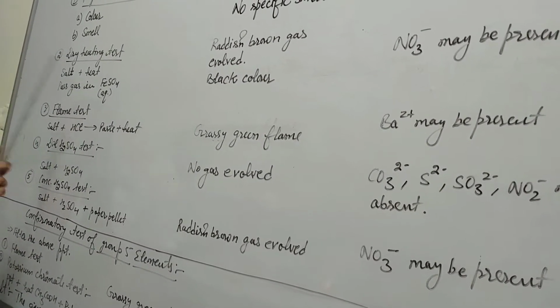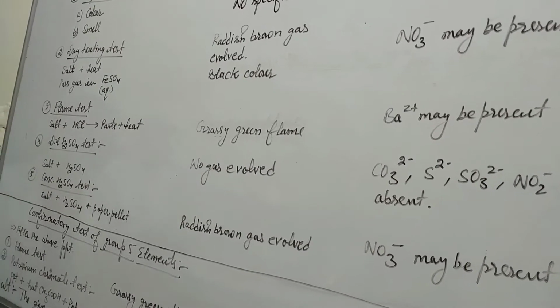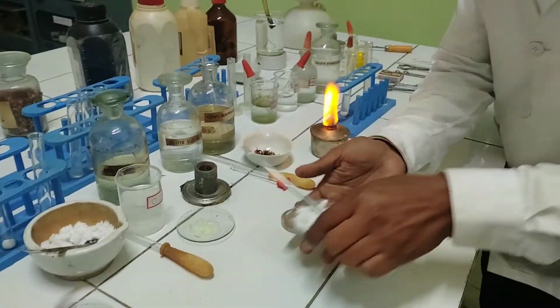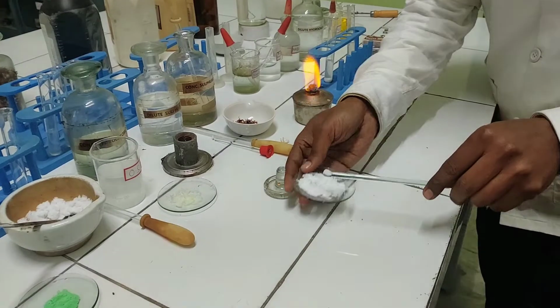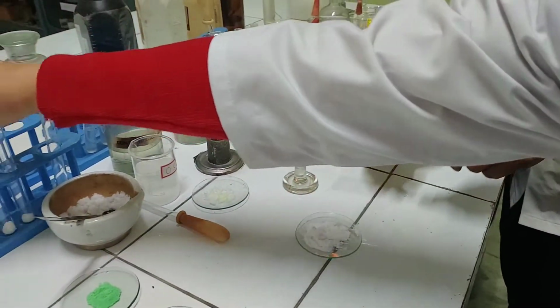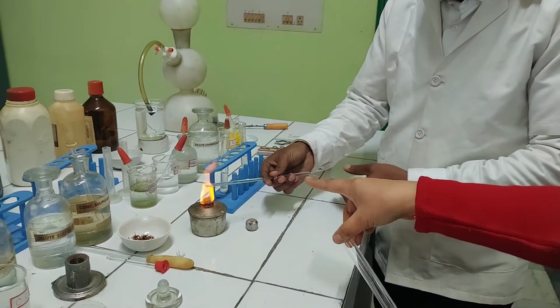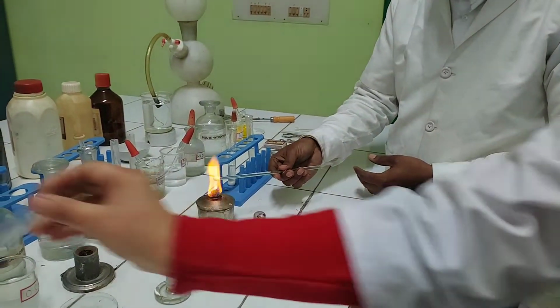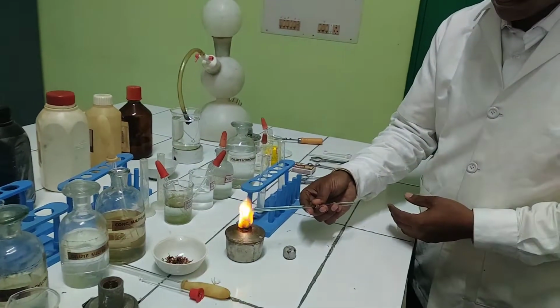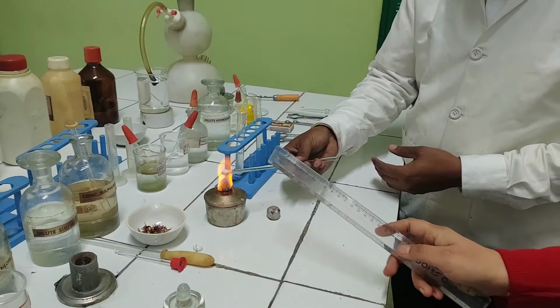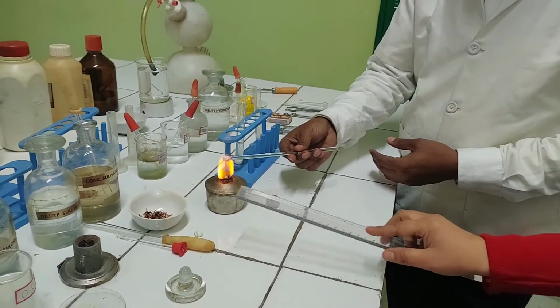Now the next is the dry heating test. In the dry heating test we will take the salt in a test tube, or you can heat it on a glass rod also, because the weather is not very pleasant or the temperature is low.